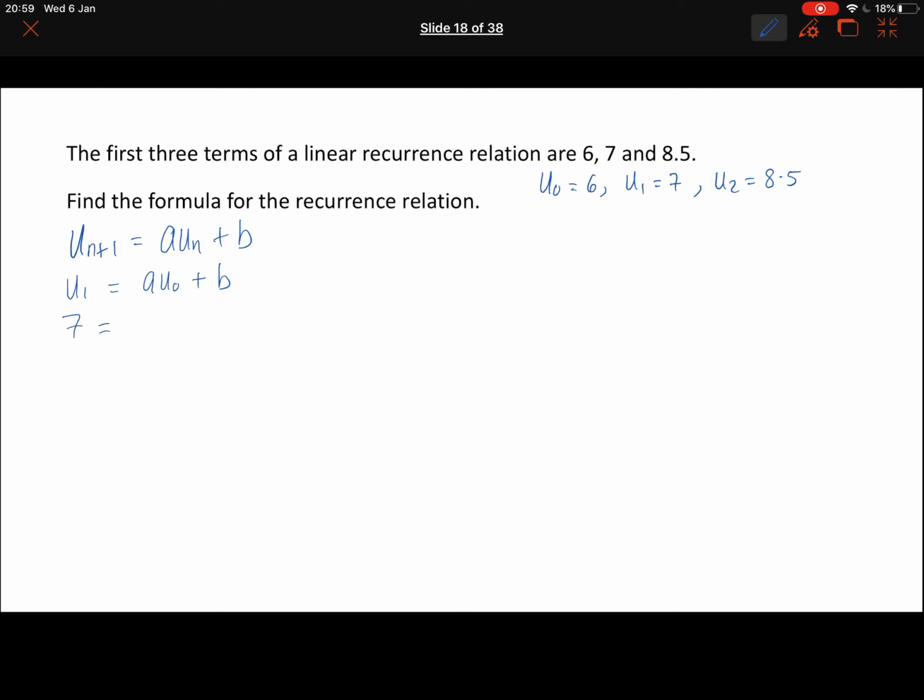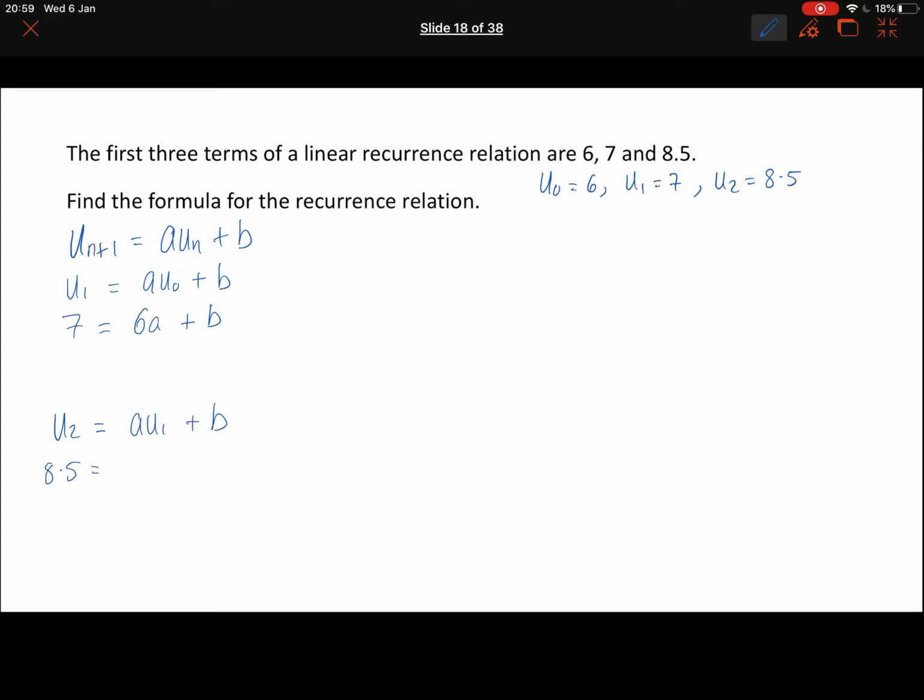Now I'm going to substitute in u0 and u1 in here. So 7 will equal a times u0, so it's a times 6, which I'm going to rewrite as 6a plus b. And I've got one equation now. u2 will have come from a times u1 plus b. So u2 is 8.5, so I get 8.5 equals a times u1.